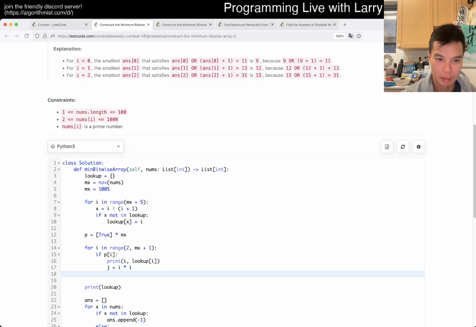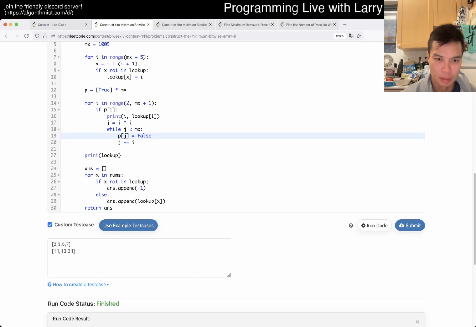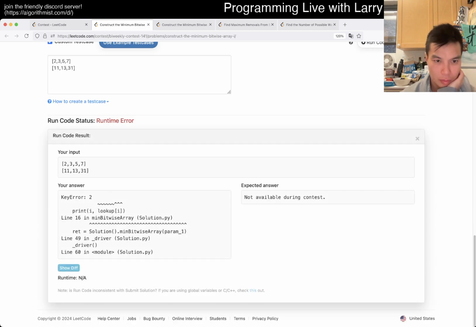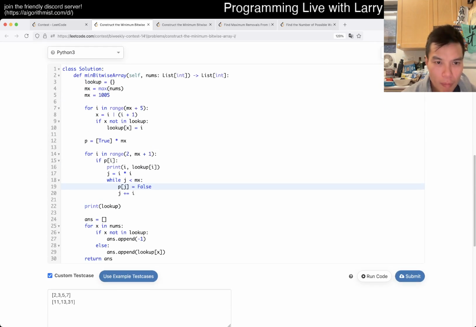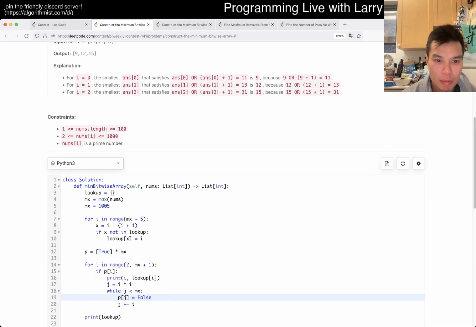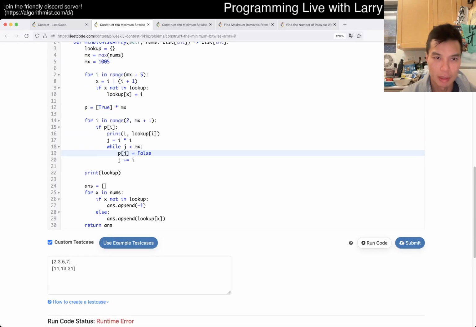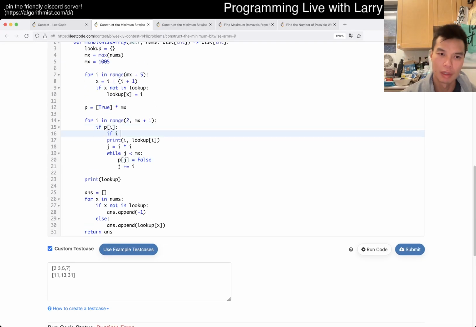Technically this bit. Oh, 2 is just -1. I guess that's why. If i is not in.